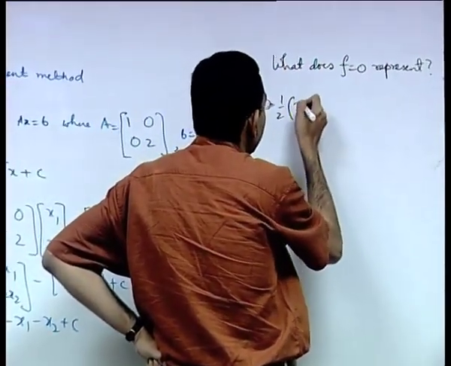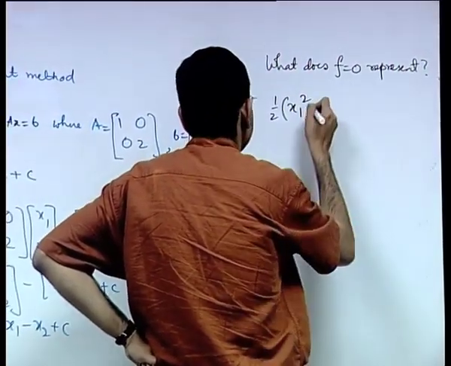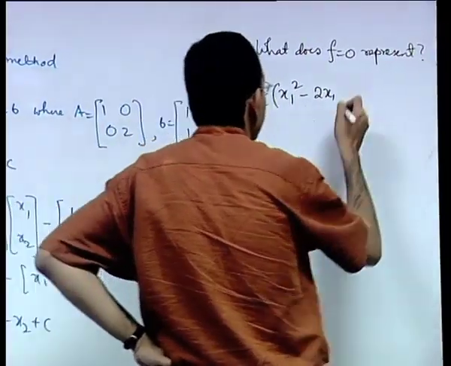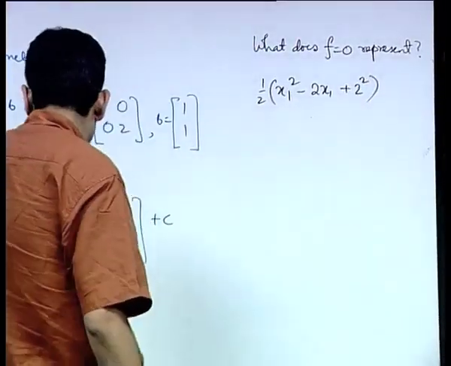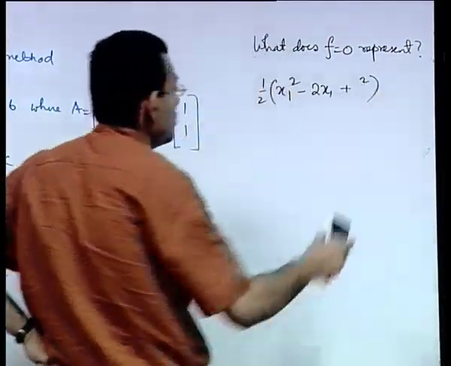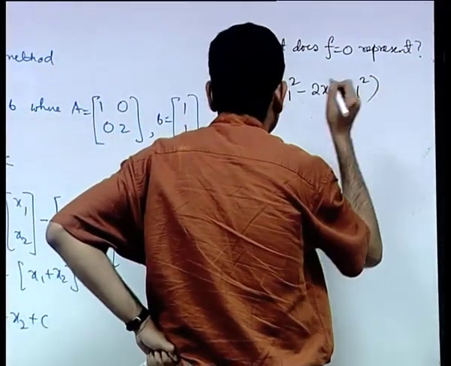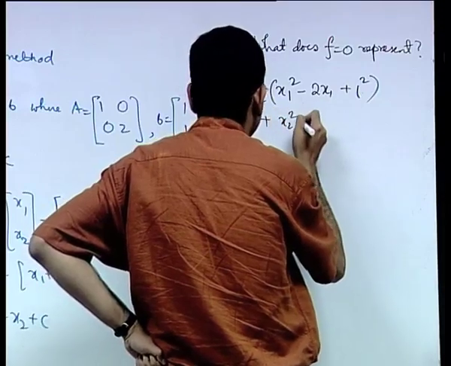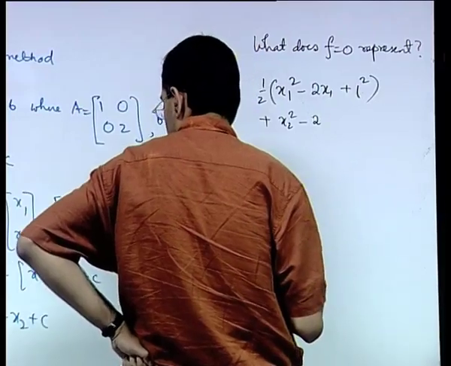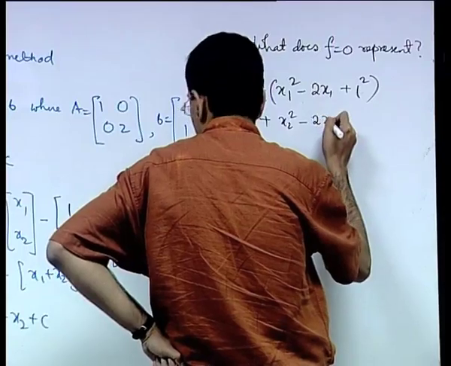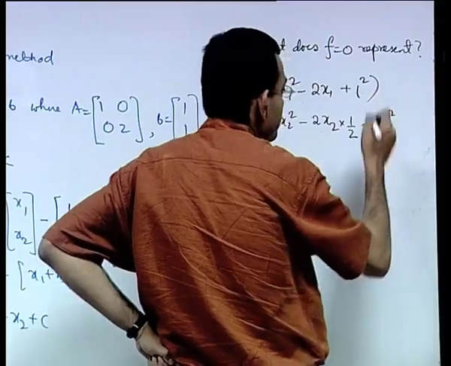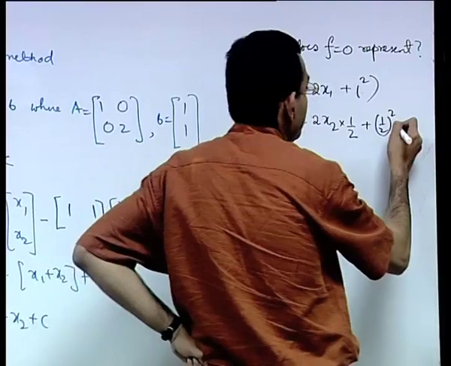So, we have half of x1 square minus 2 into x1 plus 1 square, plus x2 square minus 2 into x2 into half plus half square, plus c.